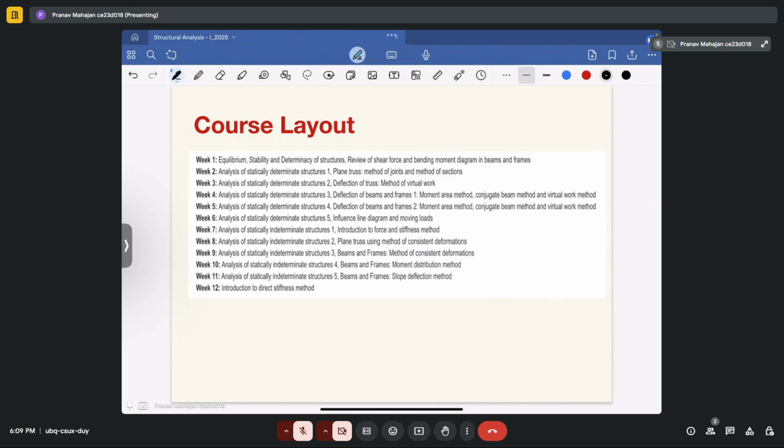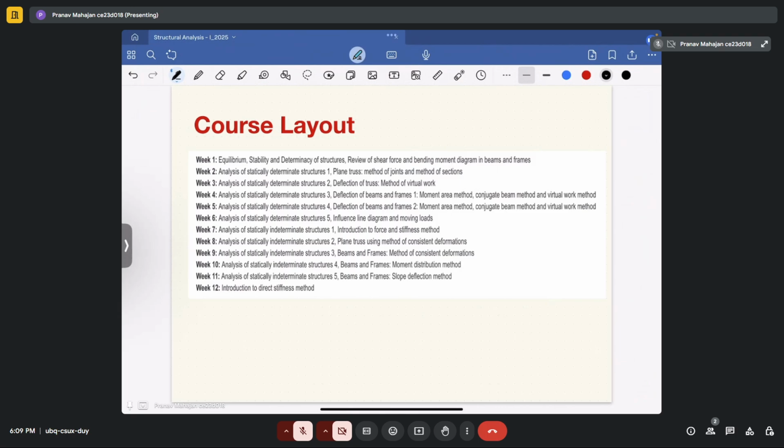In that, if we are required to calculate the maximum shear force and maximum bending moment at any section, or the reaction forces due to the moving load, we have seen them utilizing the principle of influence line diagrams, wherein the Mueller-Breslau principle is required, and then we have determined the different components that are required to analyze the structure. Now, this is the first half of the course that you have covered.